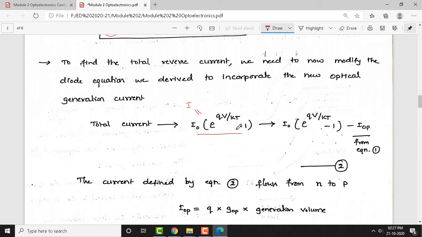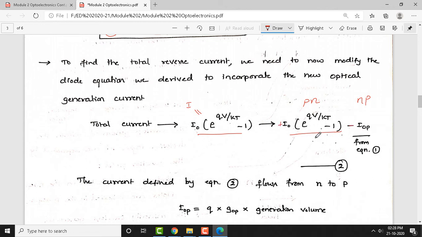So, this equation can be modified with the equation we have shown, I_OP. You need to subtract that from I_OP, because the diode current flows from P to N and this I_OP flows from N to P. Therefore, you can observe the signs here: one is positive, the other is negative.